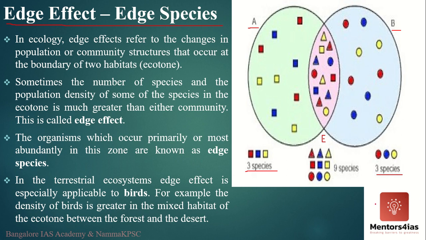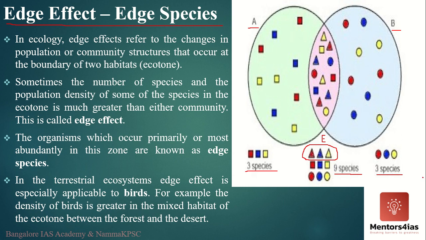Now when you take the ecotone itself, since it is an intersection zone, you do have three species which are found in ecosystem A, represented by squares. You do have species represented by circles which are found in ecosystem B, and you also have new species represented by triangles within the ecotone.